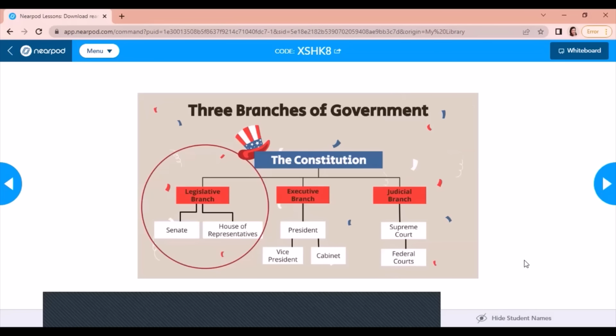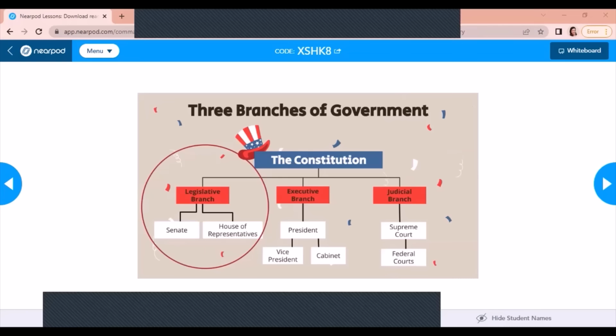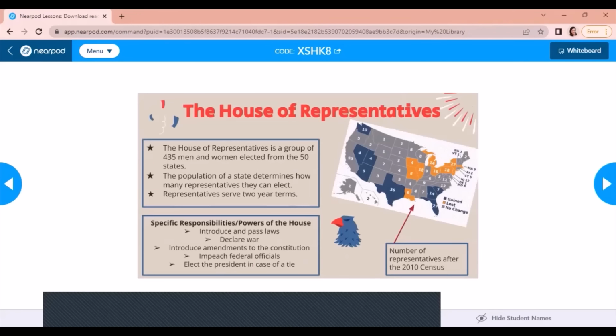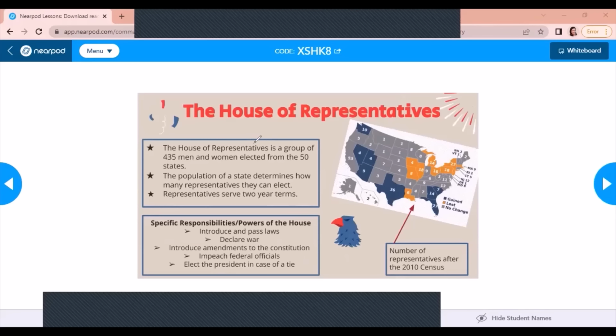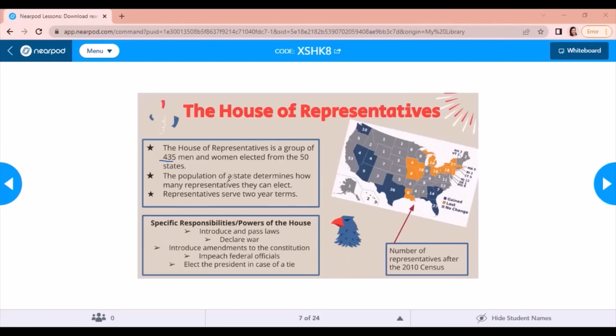All right, the legislative branch. We're going to break up the Senate and the House of Representatives. Okay, so the House of Representatives. The House is a group of 435 men and women elected from the 50 states. The population of a state determines how many representatives they can elect.